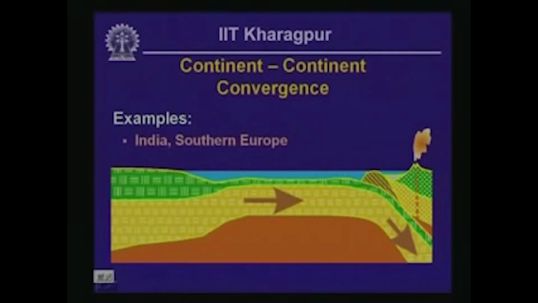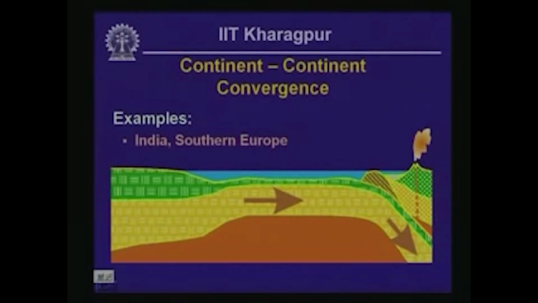Another thing you should notice here, as well as in any ocean to continent convergence, is the trench that develops near the location where the oceanic plate starts subducting, and that is because there is a frictional locking really of the continental plate near the shoulder, where the dip of the oceanic plate suddenly starts to increase.